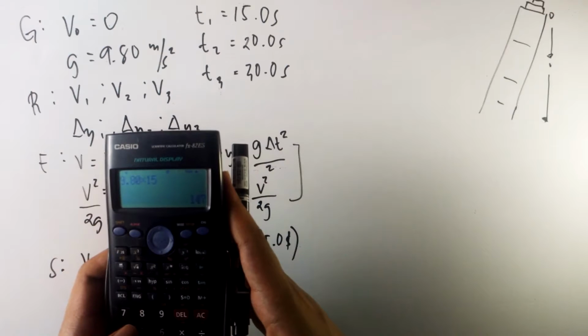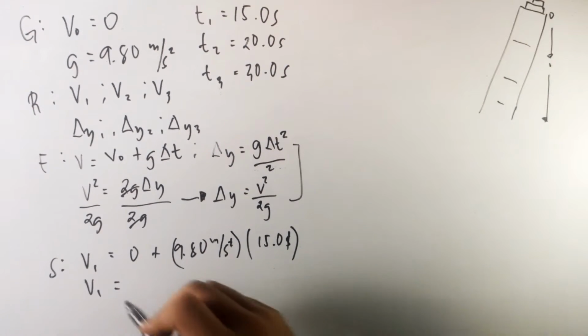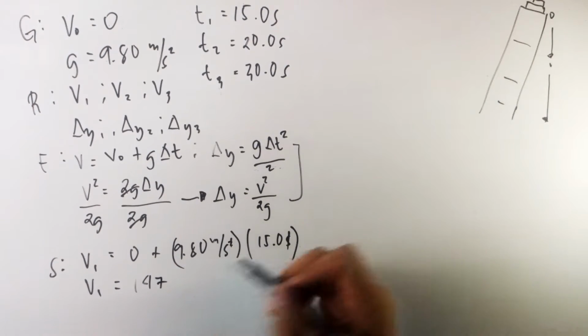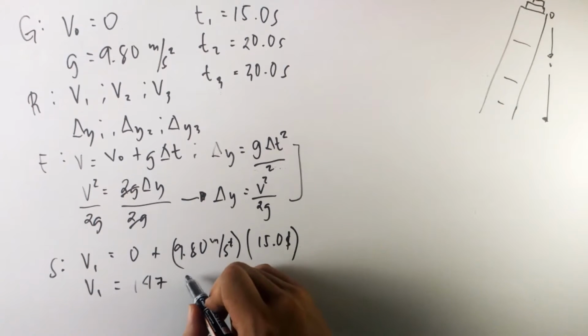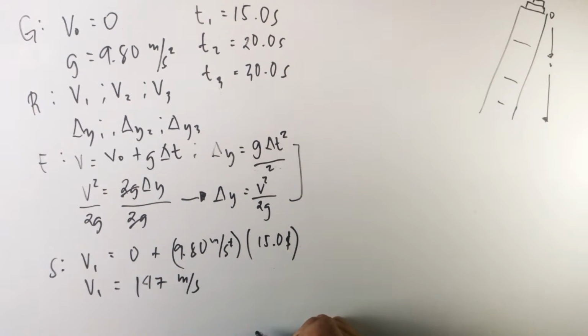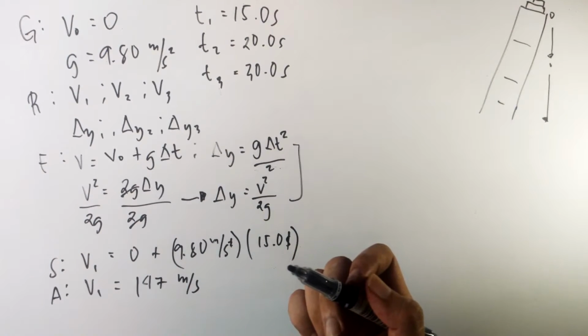Can you see it? Right there, that's 147. What's the unit? Meters per second. So we have v1. You see, it's too easy.